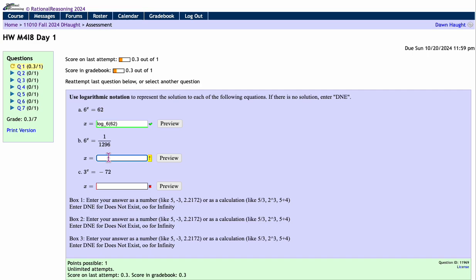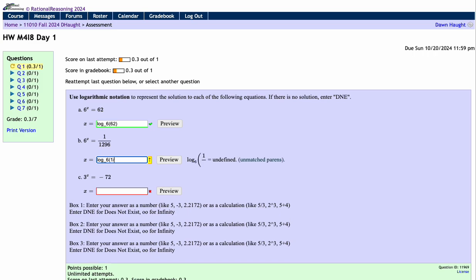So I think we could just type log underscore 6. And we're going to put 1 divided by 1296. And then this one, does this one work? Can we put a number on a 3 to get a negative number?